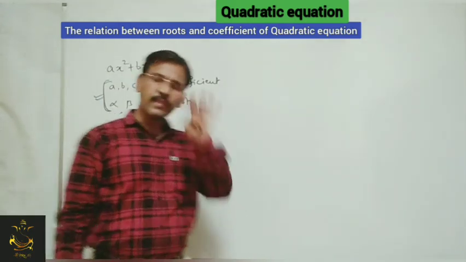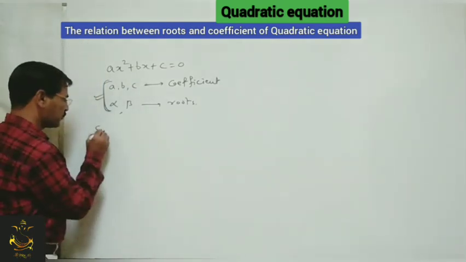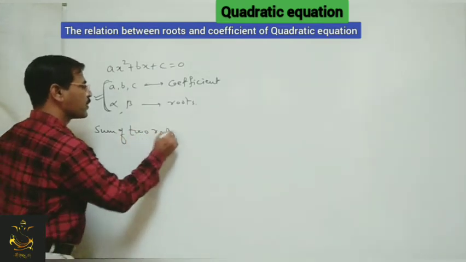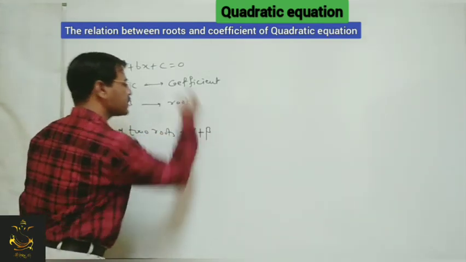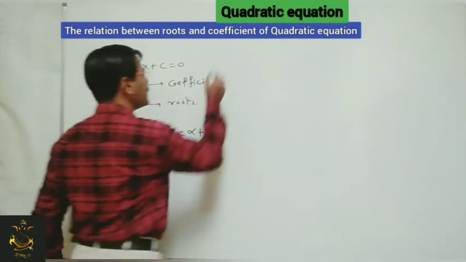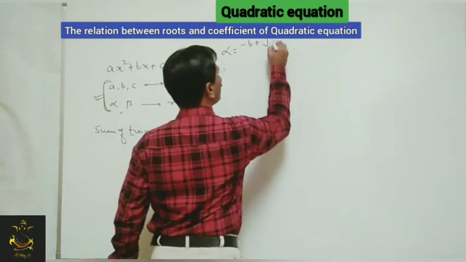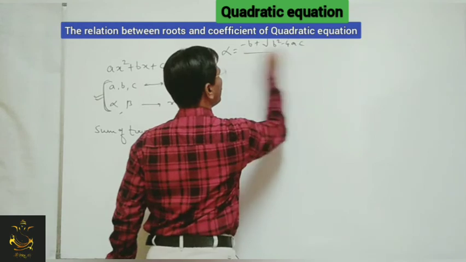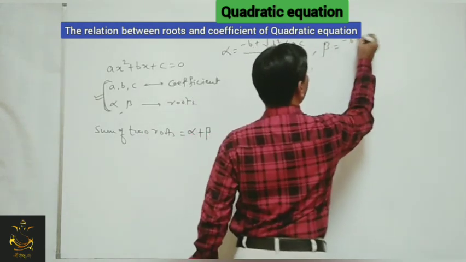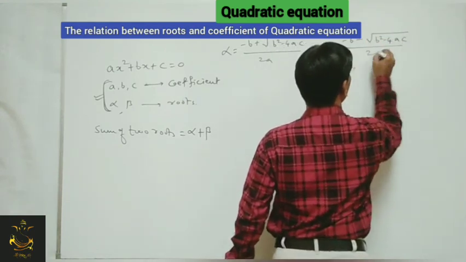Look here. First of all, we are going to discuss the sum of two roots. Sum of two roots means what? Alpha plus beta. What is this? As we know, alpha is minus b plus under root b square minus 4ac upon 2a, and beta is minus b minus under root b square minus 4ac upon 2a.